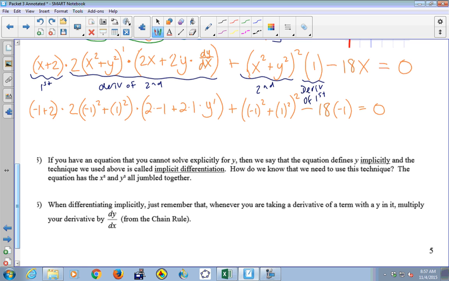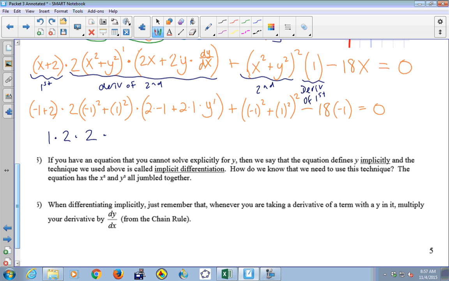So let's see, I'll simplify a little bit at a time, see if I can solve for y prime. -1 plus 2 is 1. So this is 1 times 2 times, -1 squared is 1, 1 squared is 1, so 1 plus 1 is 2.